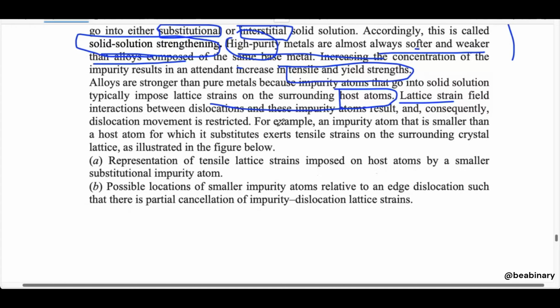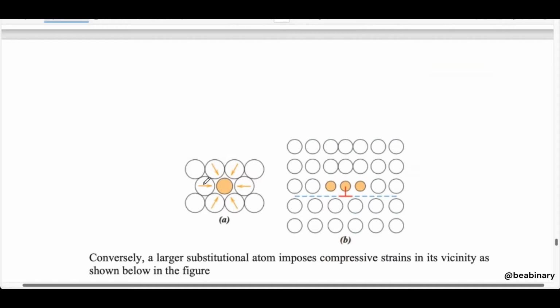So this is, for example, an impurity atom that is smaller than the host atoms, for which its substitution exerts tensile strains on the surrounding crystal, as illustrated in the figure below, as you can see here. This particular atom is smaller by comparison.